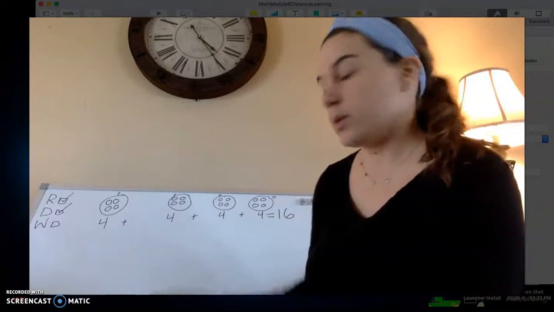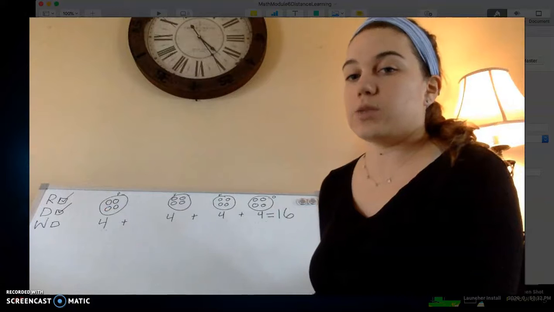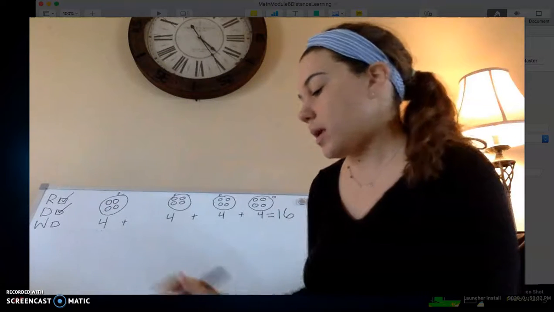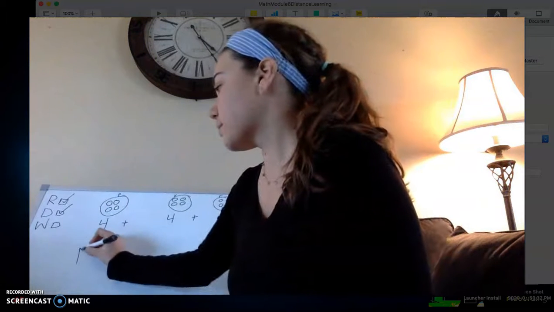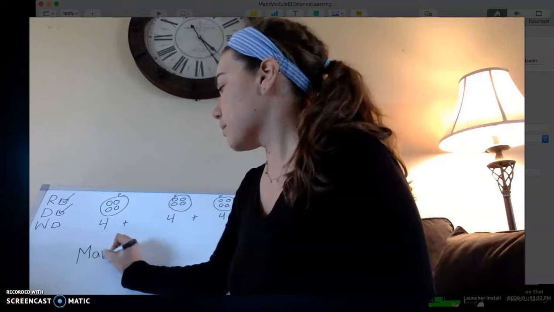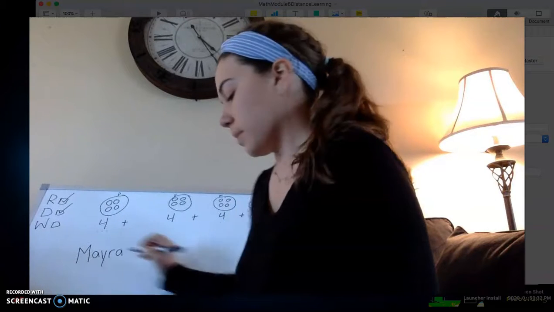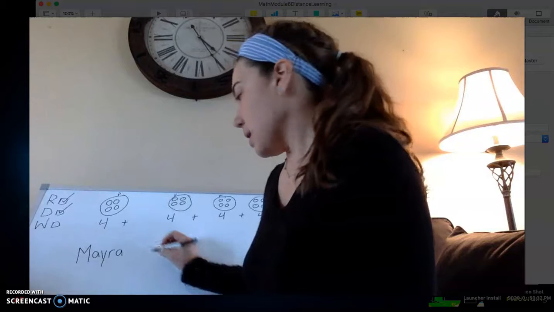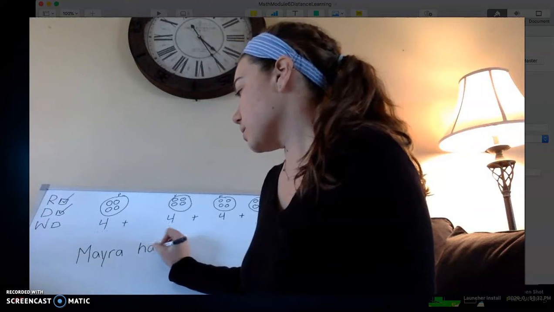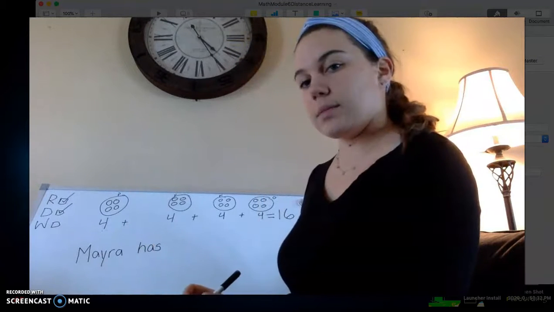So we read our problem and we drew our problem, but now we need to write our problem's word sentence. We have our number sentence. We need to write our word sentence. So Myra has how many socks?